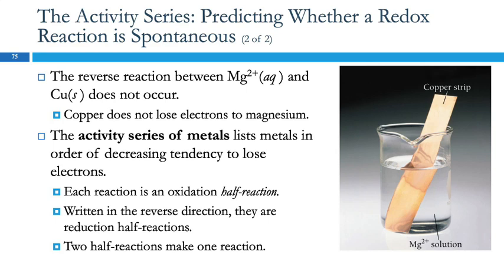If we do the reverse, and we put a strip of copper in a solution of magnesium ions, nothing happens. Copper does not lose electrons to magnesium.